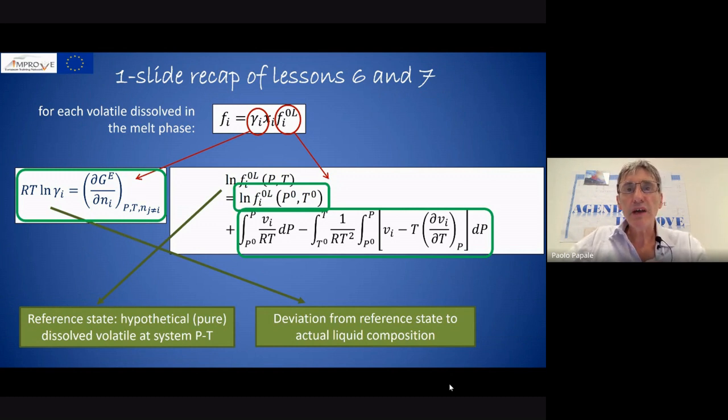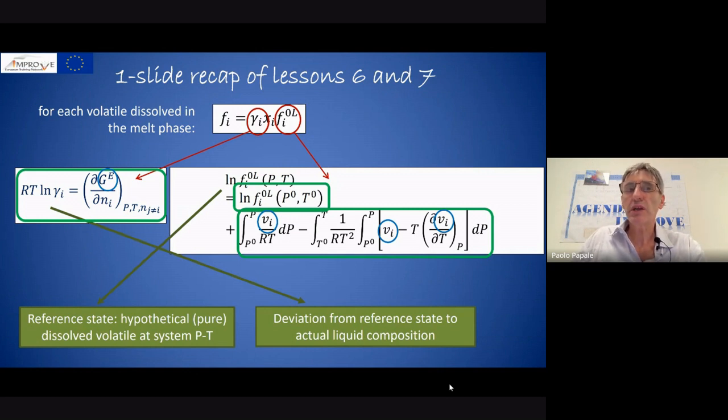What we need to define to complete our description is a pressure-temperature dependent volume for the hypothetical pure dissolved water and hypothetical pure dissolved carbon dioxide. And we have to define a composition dependent excess Gibbs energy for silicate melts, including the dissolved volatiles.